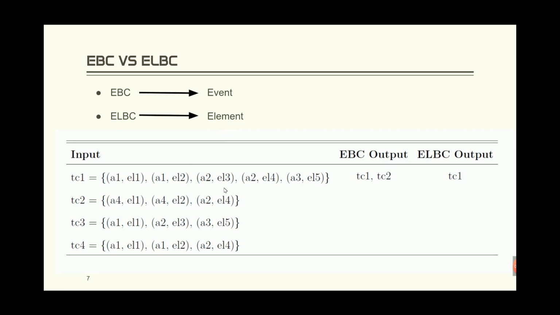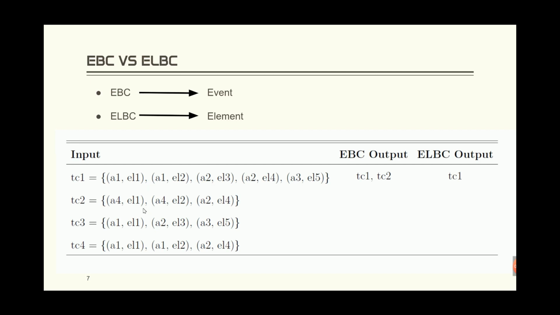Suppose a test suite has 4 test cases, and each test case has events that are composed of a combination of elements and actions. The events in test case 3 and test case 4 are part of test case 1.